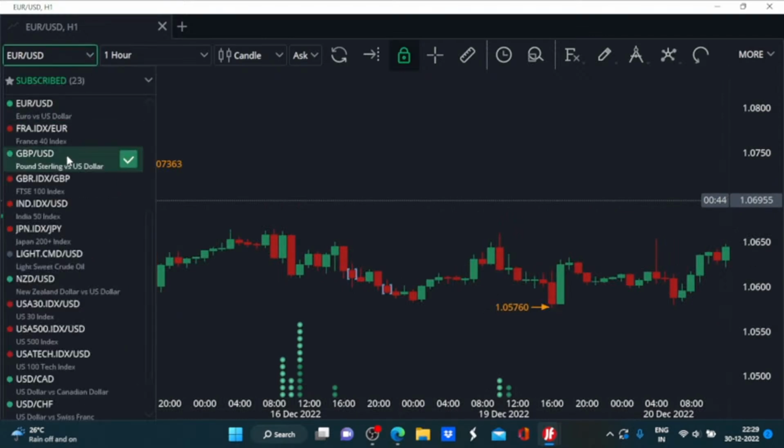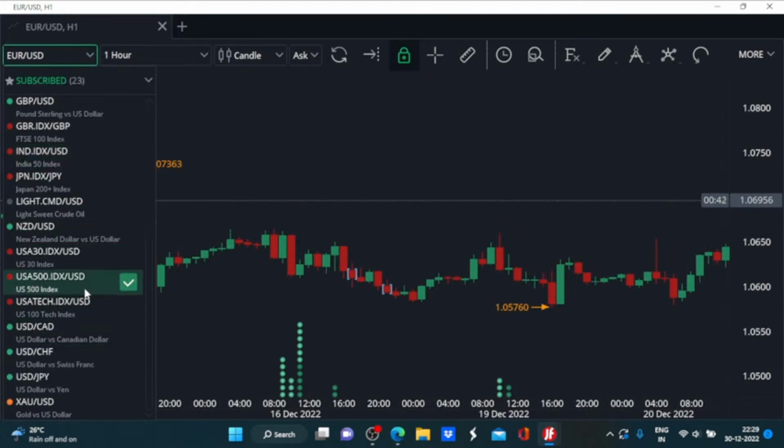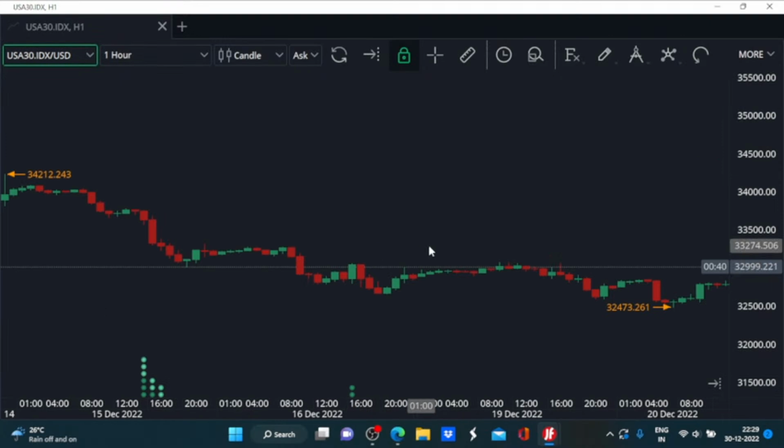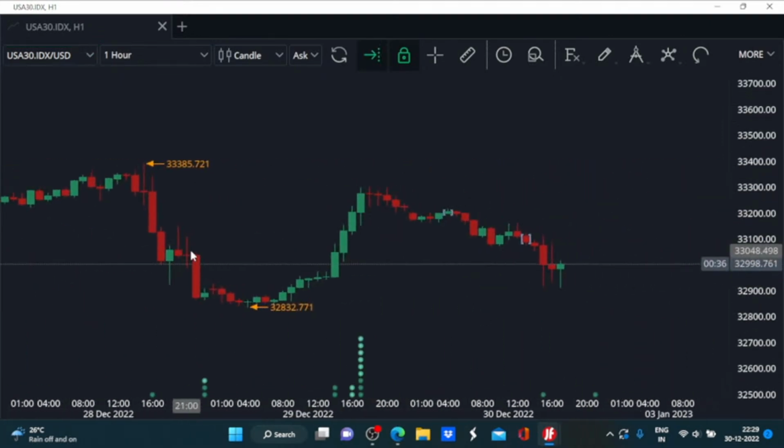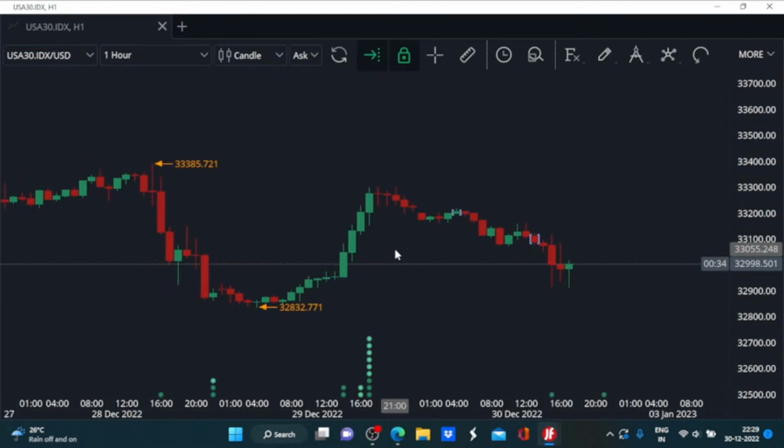Now if we change the instrument and see how it unfolds on the equity indices, here in today's session, we saw this formation taking shape twice. Earlier, we had this three outside up, which doesn't really seem to have worked.